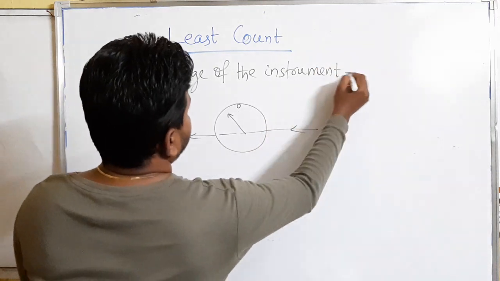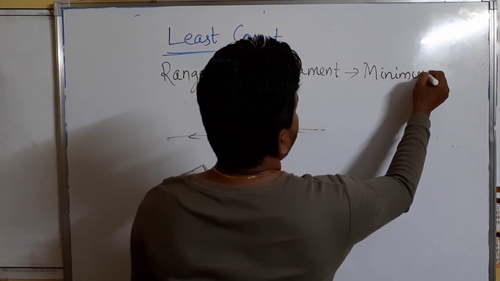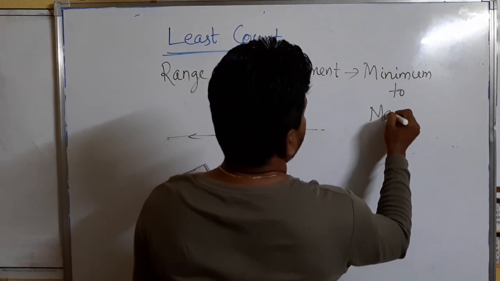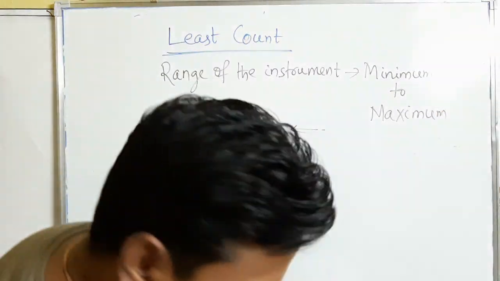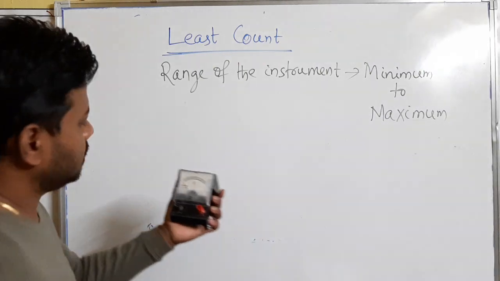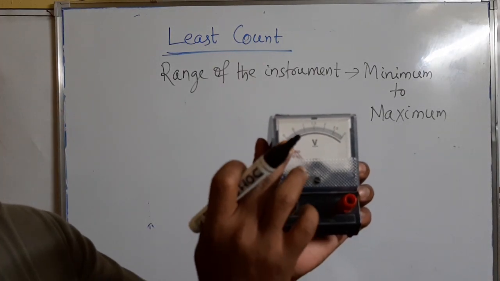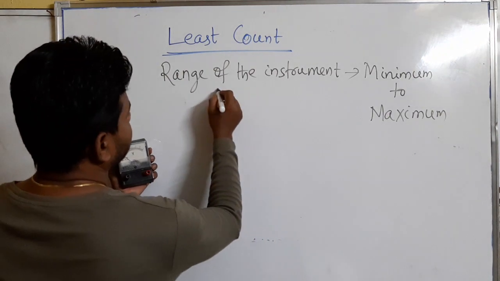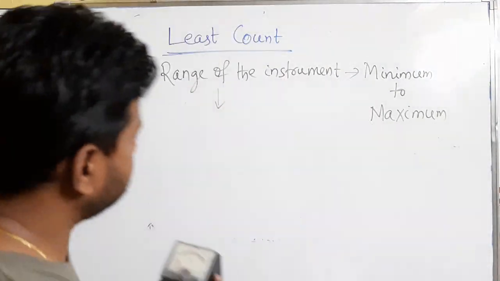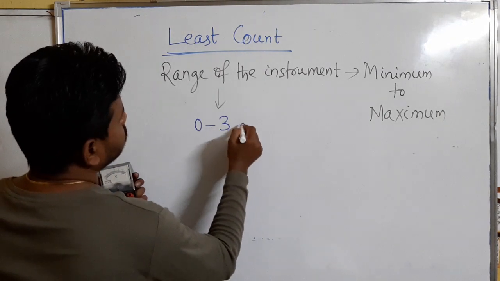Range is minimum to maximum. As you can see here, for volt it is given 0 to 3, so I can tell this instrument's range is 0 to 3 volt.